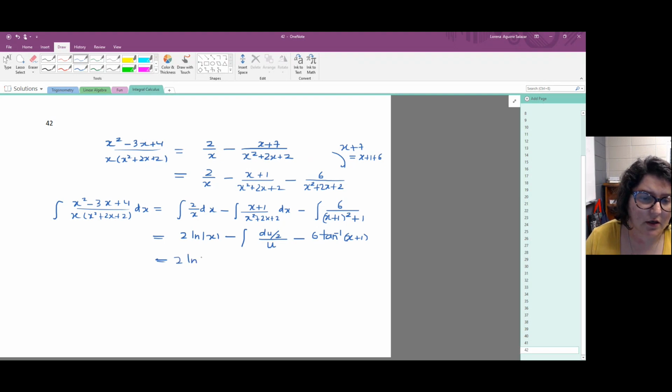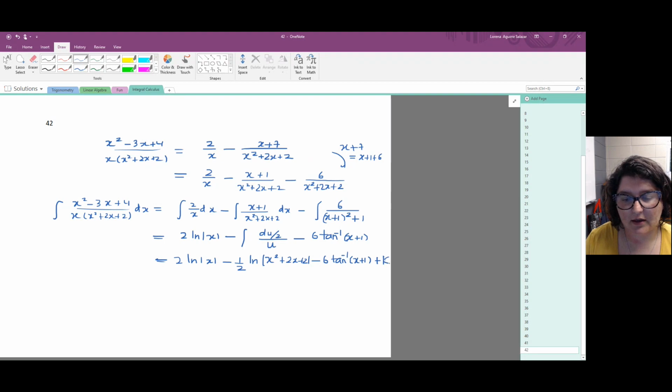So we have twice the ln of x in absolute value minus a half of the ln of u, and u is x squared plus 2x plus 2. In absolute value, that's actually going to be positive. And then minus 6 times inverse tangent of x plus 1 plus a constant c. We're going to add k instead of c so that we don't call two different things c.